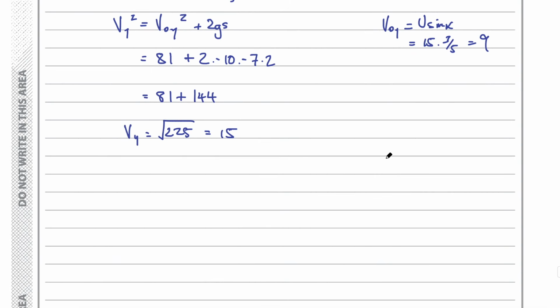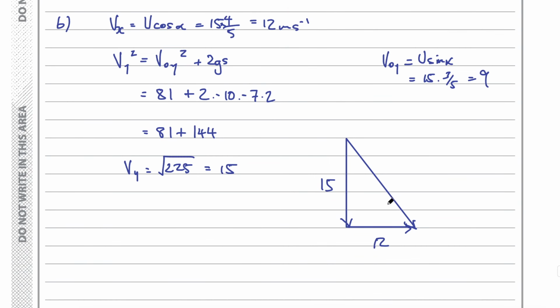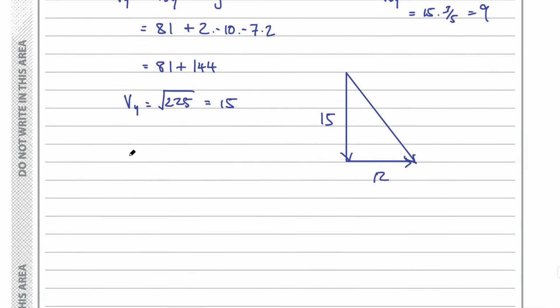Okay, so now we have the horizontal and vertical vectors. We can work out the speed using Pythagoras. So I'll just draw a quick diagram to show what I mean by that. So the stone is falling down this way, like that, and we have the vertical vector 15 and the horizontal speed is 12, and we need to work out this hypotenuse using Pythagoras.